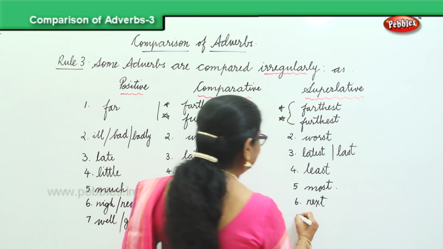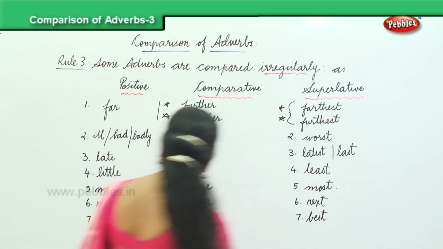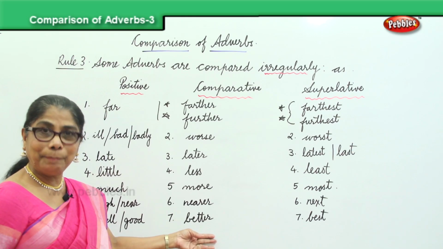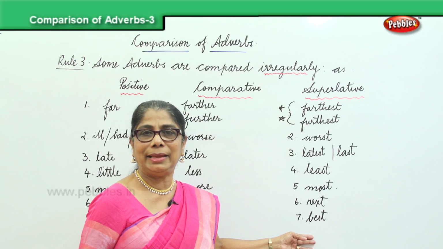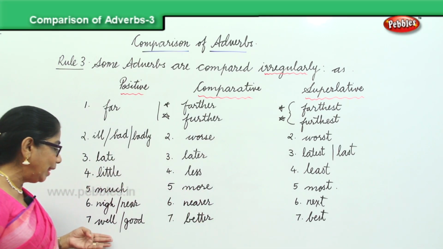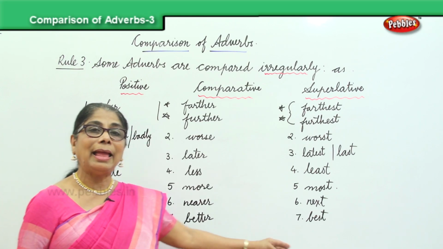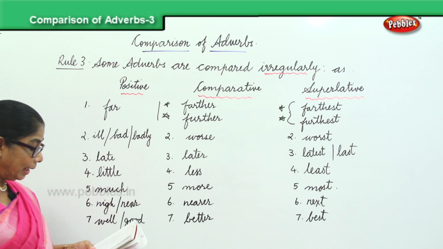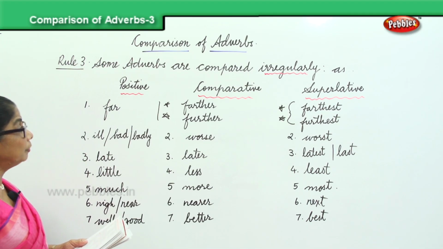I'm in my best form today. Similarly, when you say good, I'm feeling good today. I'm feeling better today. Yes, I'm feeling the best today. So whether it is well or good, the comparative is better and superlative is best. Okay. That's all for today.